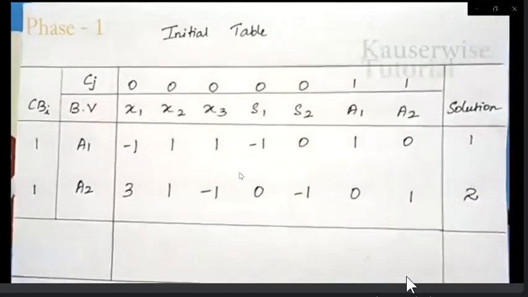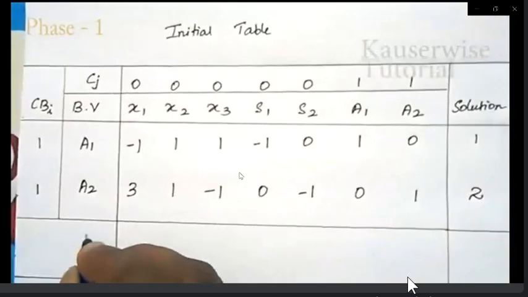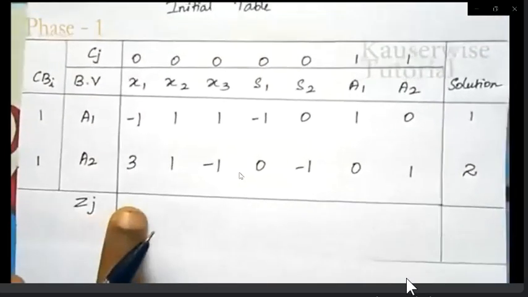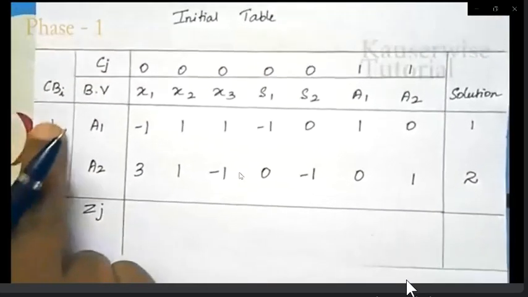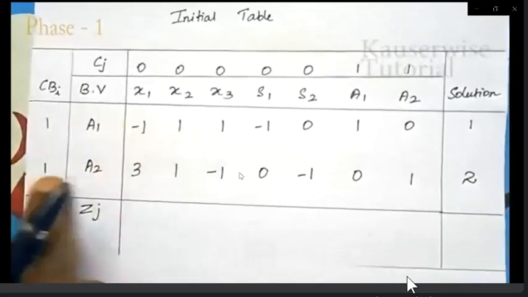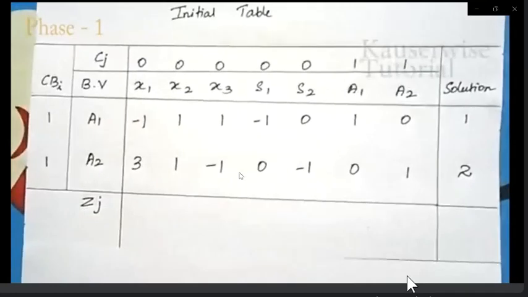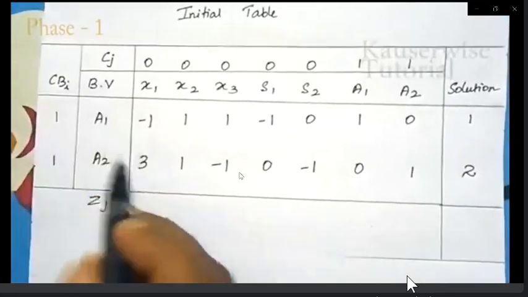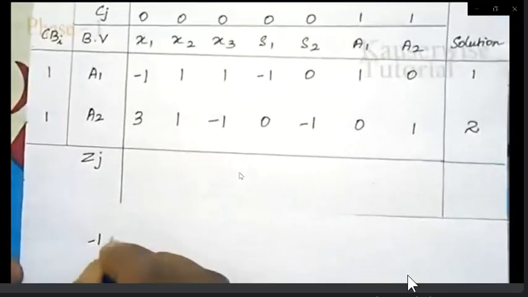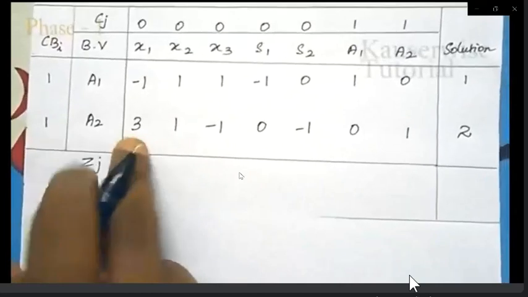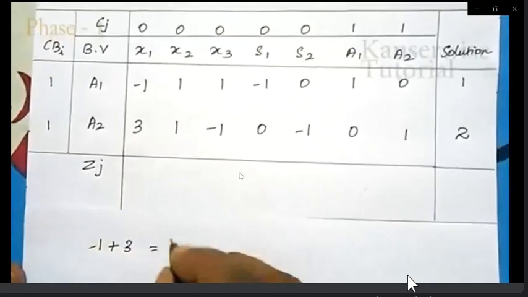Now we have to find the Zj value. In order to find Zj, just multiply the cost with each and every element and add the second value. Let me show the calculation. For the first one, 1 into minus 1, minus 1, plus 1 into 3, 3, is equal to 2.